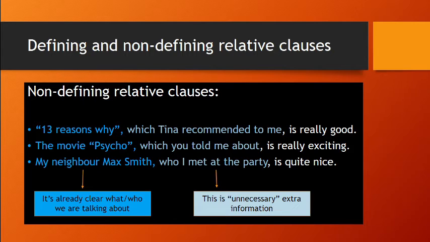And if the second sentence was shortened to "the movie Psycho is really exciting," we would know that we're talking about the movie Psycho. And the last sentence can be shortened too, because we already know that we're talking about my neighbor Max Smith. The information that I met him at the party is not necessary to understand who we're talking about.